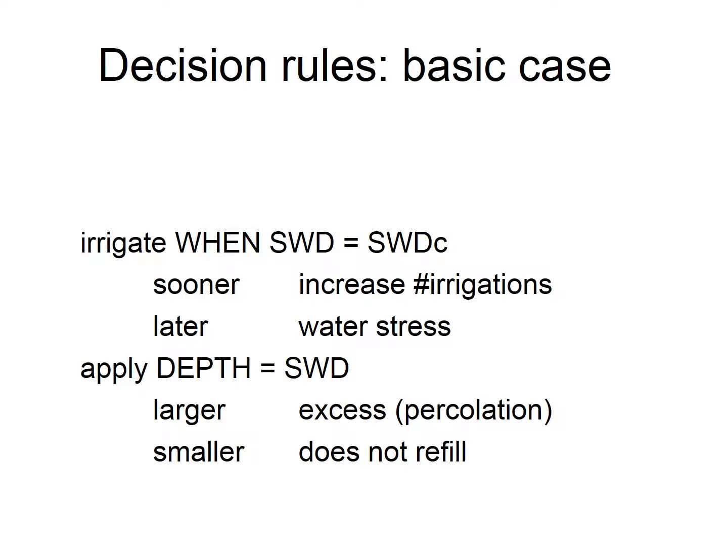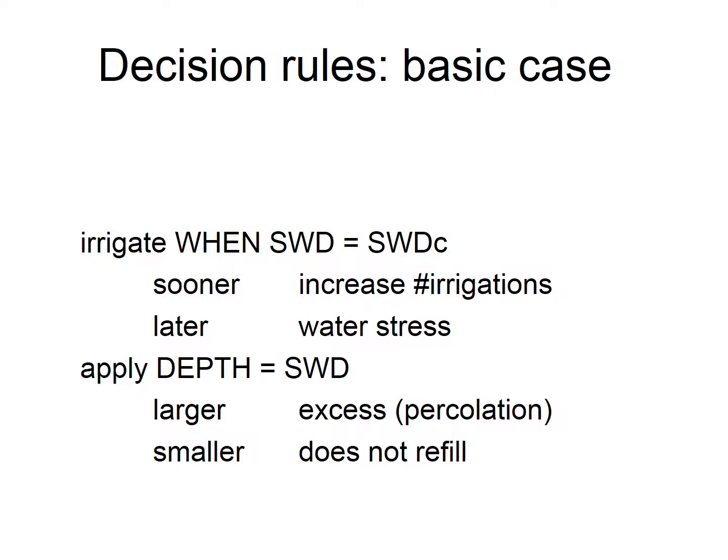We have already explained how to calculate the critical soil water deficit. Now let's see what the decision rules are for deciding on the dates and amounts of irrigation. To calculate the dates of irrigation, the basic decision rule is irrigating when the soil water deficit equals the critical soil water deficit.